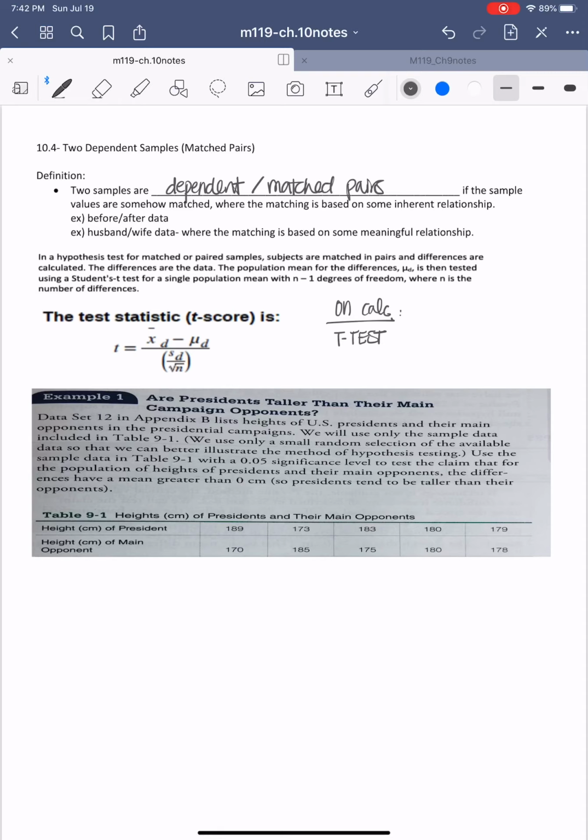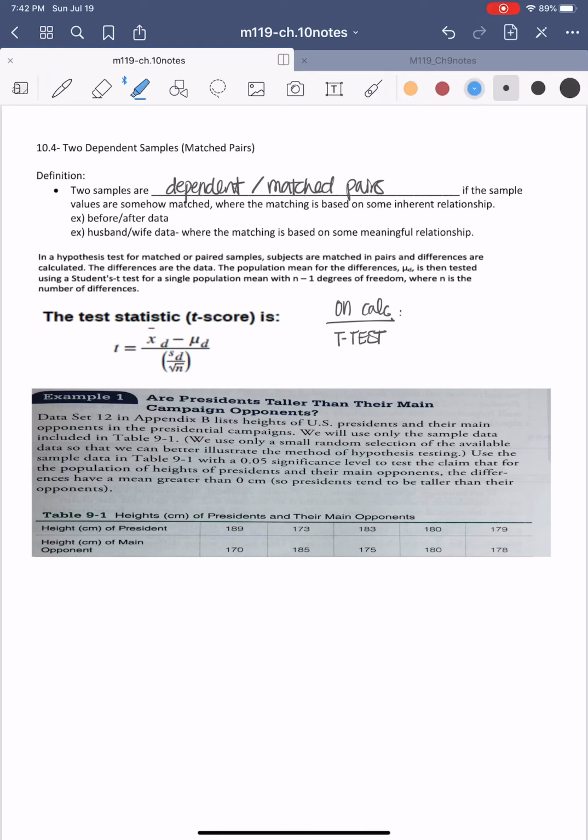Use the sample data in Table 9-1 with a 0.05 significance level to test the claim that, for the population of heights of presidents and their main opponents, the differences have mean greater than 0 centimeters. So the presidents tend to be taller than their opponents.